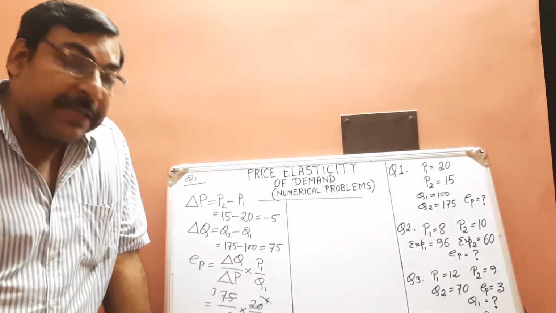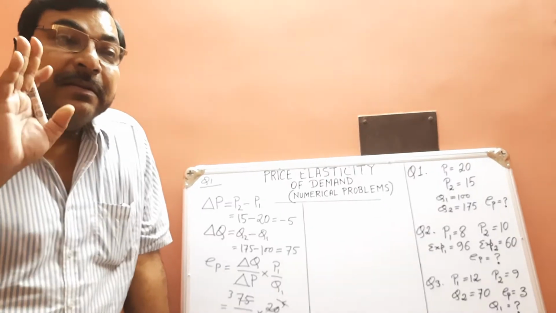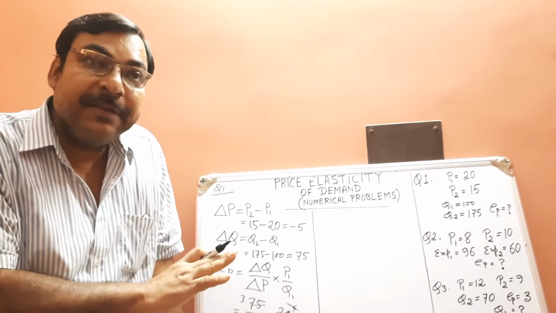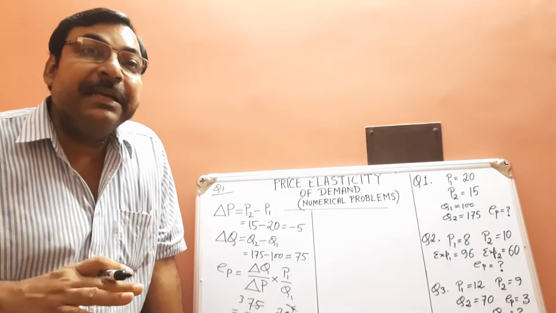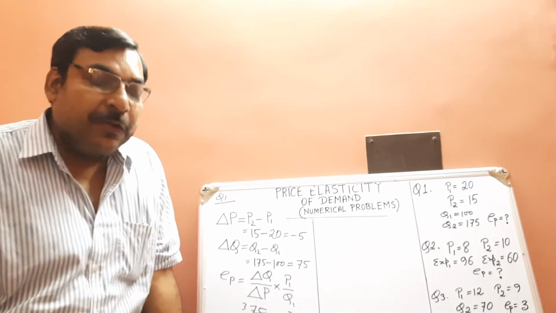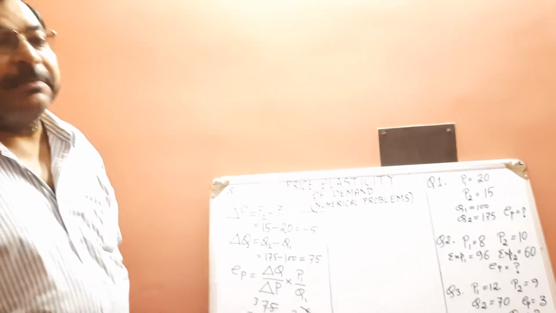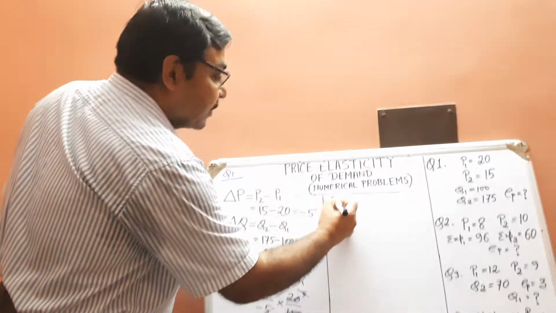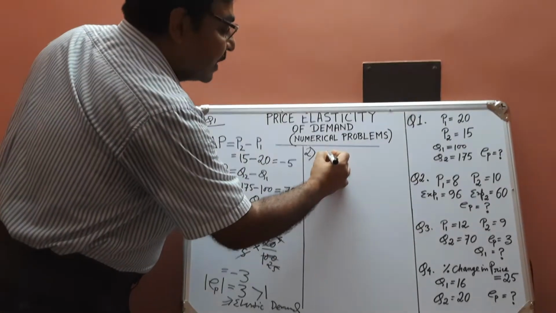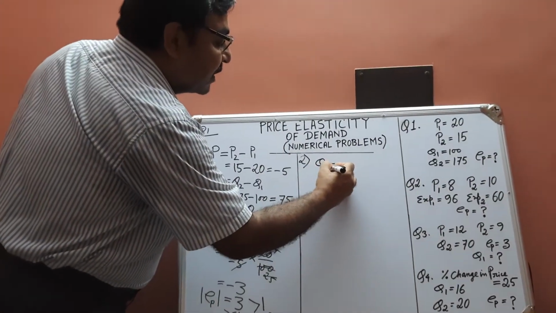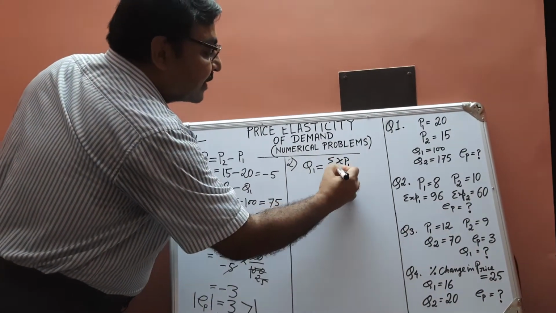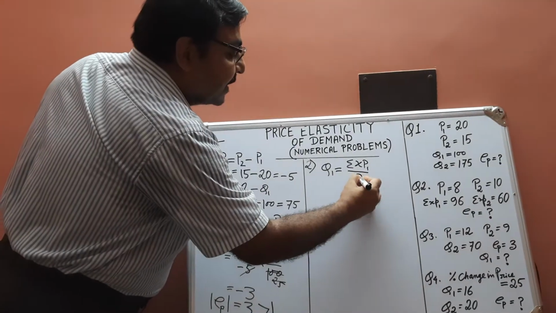But to calculate price elasticity of demand, you need initial price and change price, these are given. Also you need initial demand and change demand. These are not given. So your first task is to calculate initial demand. Question number 2. Initial demand Q1 is equal to initial expenditure divided by initial price.